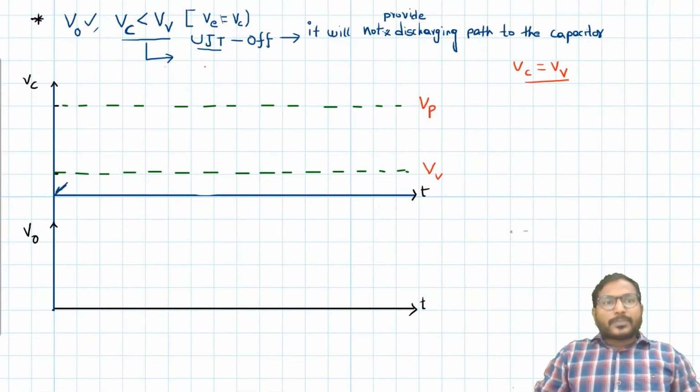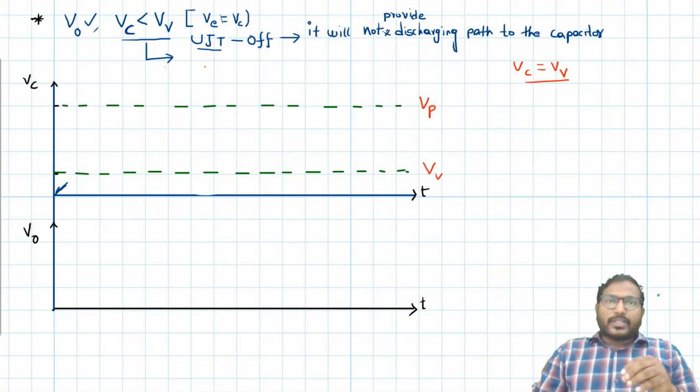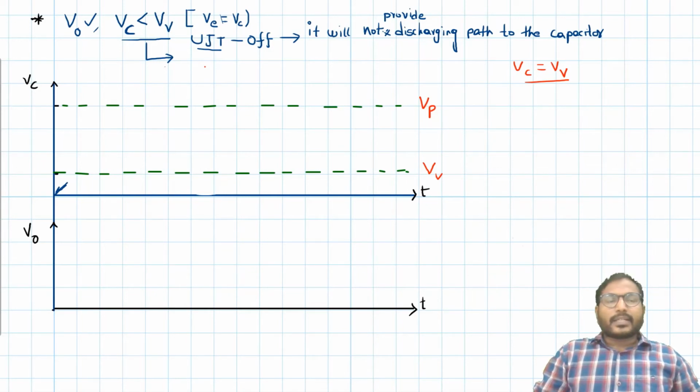Based on the discussion, we can easily draw the waveforms of the capacitor voltage and the output voltage, that is V0, the voltage drop across R1. Taking the capacitor voltage on the vertical axis and time on the horizontal axis, the capacitor starts its charging from 0. This is the charging process.